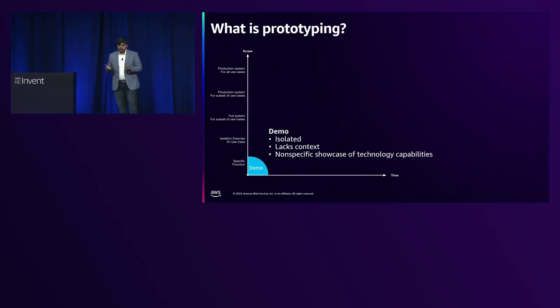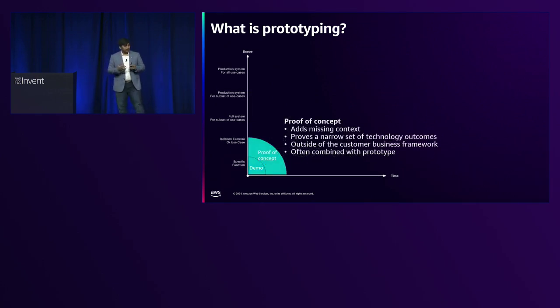Once you complete the demo and you're happy that this particular technology is going to work for the requirement you have, you start with the POC phase, the proof of concept phase, where you add the missing business context within that particular demo. And you prove that this actually is going to work with the technology outcome you started with. Often, because these are so quick in timeline, you generally combine both together as one iteration.